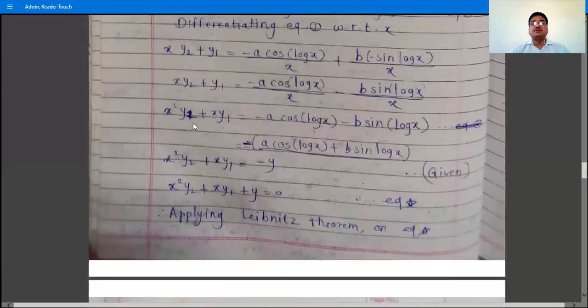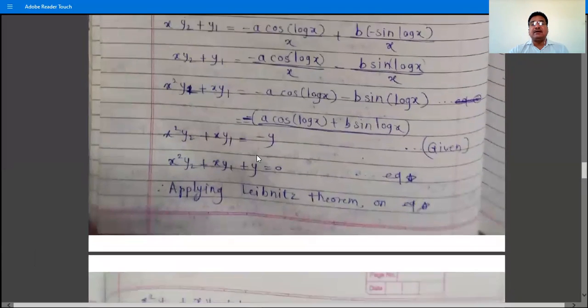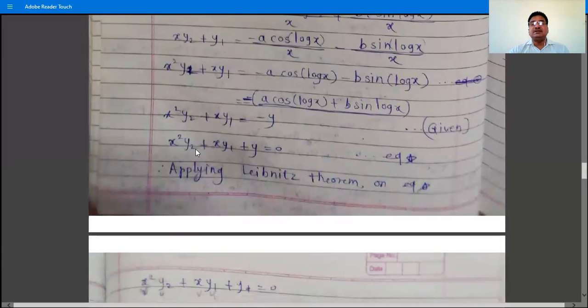What do we have? x square y2 plus x y1 is equal to minus a cos log x minus b sin log x, and then take minus common. We have a cos log x plus b sin log x, and its value is y. That is, adjust y, and then shift this y to LHS. We have this equation: x square y2 plus x y1 plus y is equal to 0.